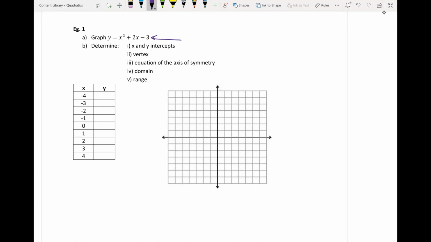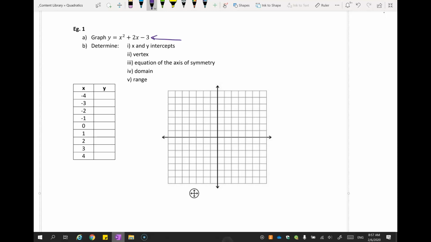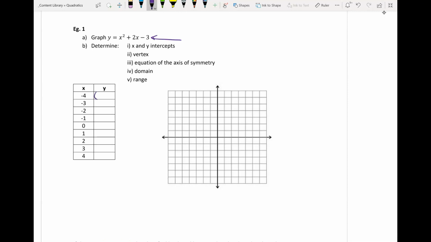So I'm going to start off by trying to find our y values for these. I might not do them all because you will see a pattern with your y values eventually. But let's do x equals -4. So I'm going to plug -4 into the equation that was given to us. So it's -4 squared plus 2 times -4 minus 3.